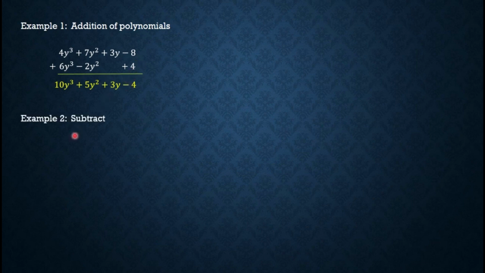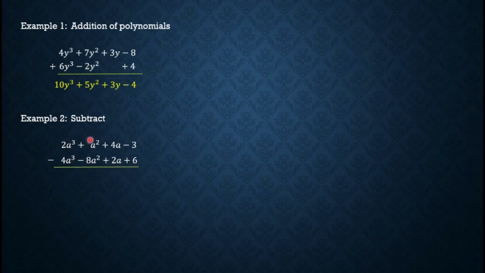Another example, when you subtract polynomials. For the given 2e cubed plus e squared plus 4e minus 3 minus 4e cubed minus 8e squared plus 2e plus 6. So remember, the variables must have the same exponent.